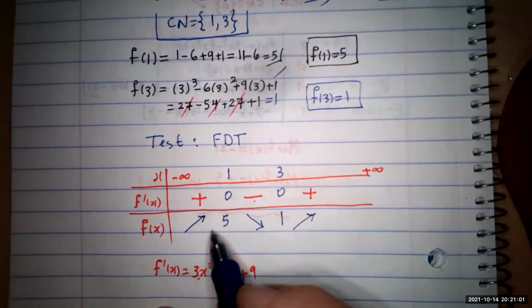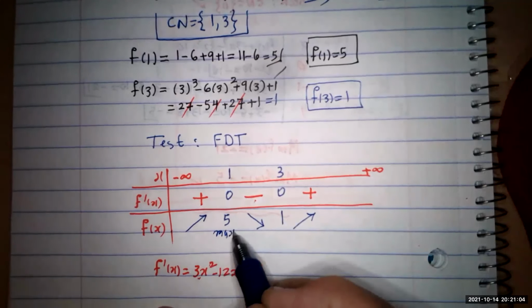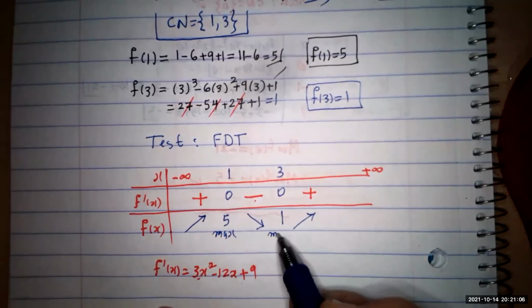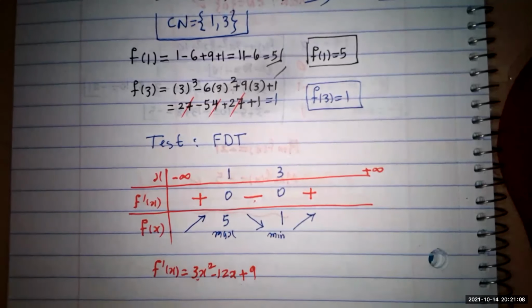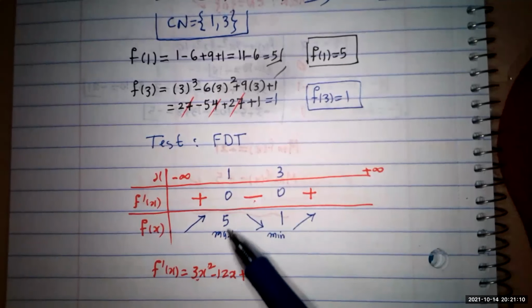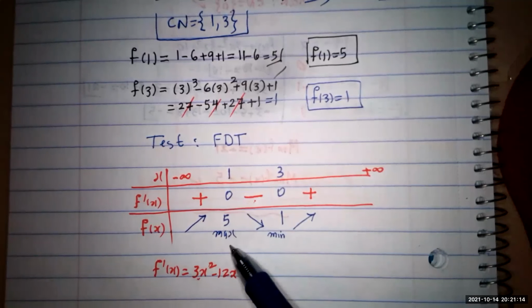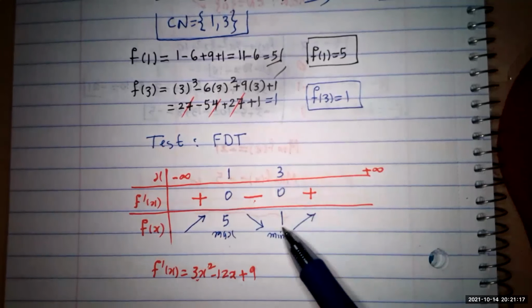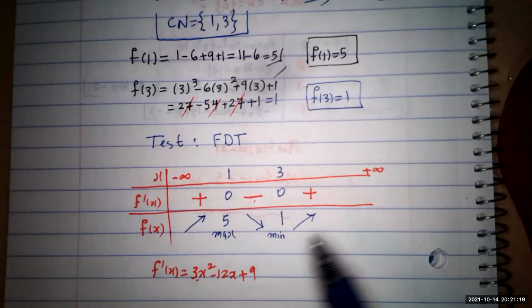Up, down, that gives us a maximum. Down, up, that gives you a minimum. So f of 1 equal to 5 is a relative maximum. f of 3 equal to 1 is a relative minimum.